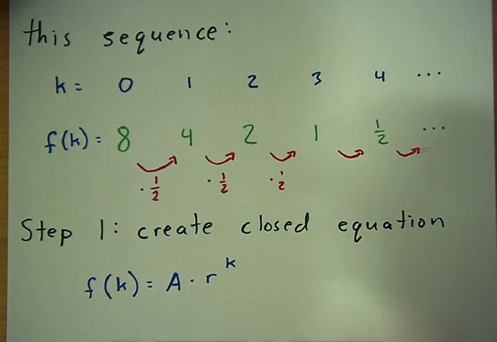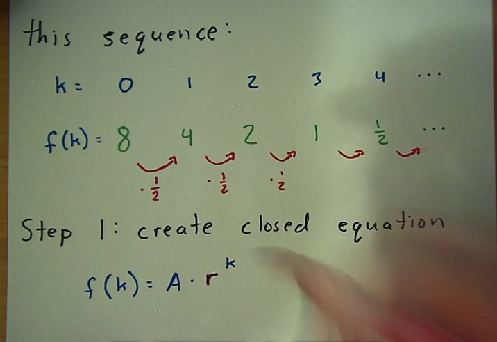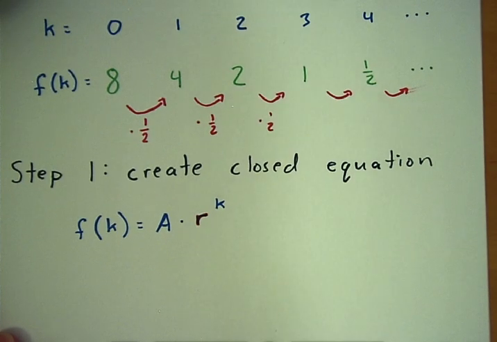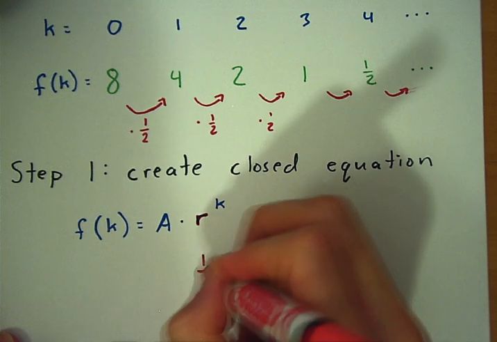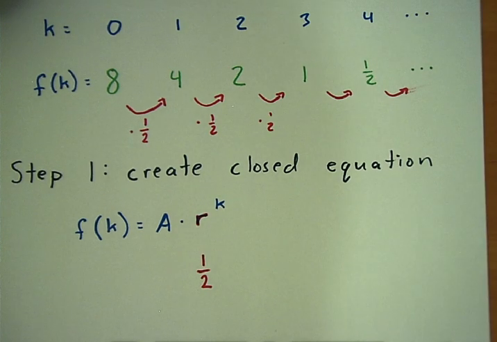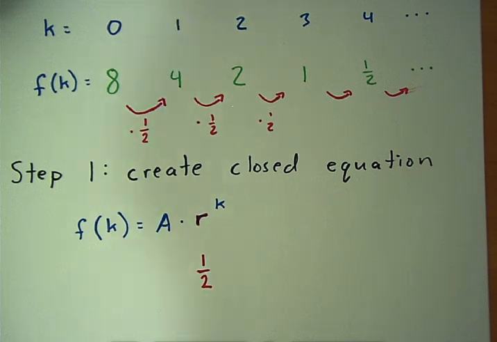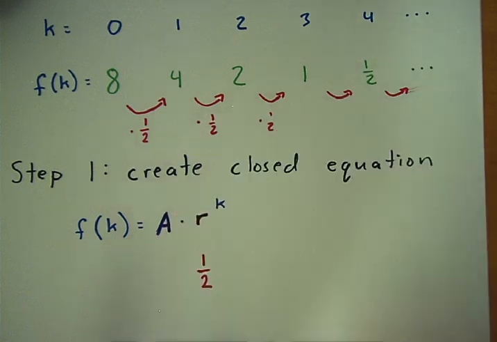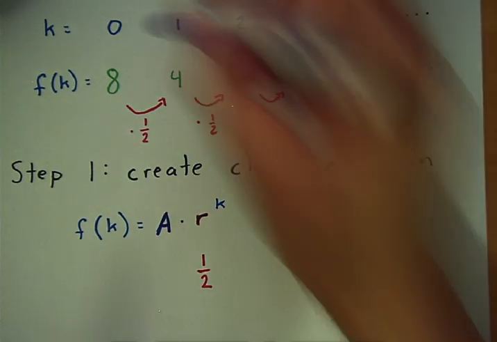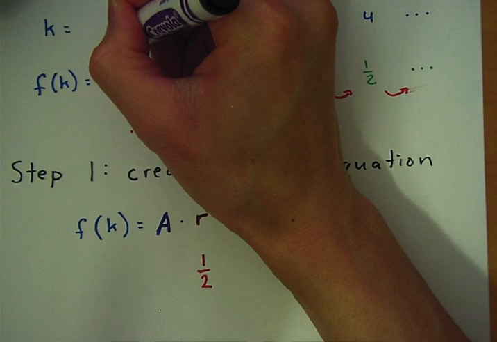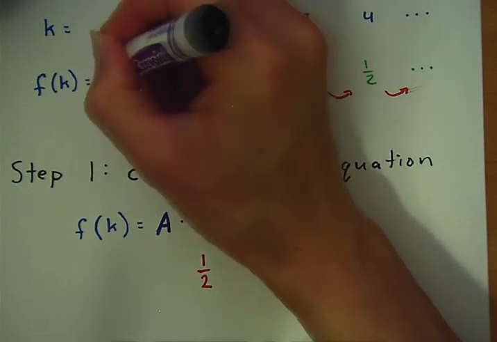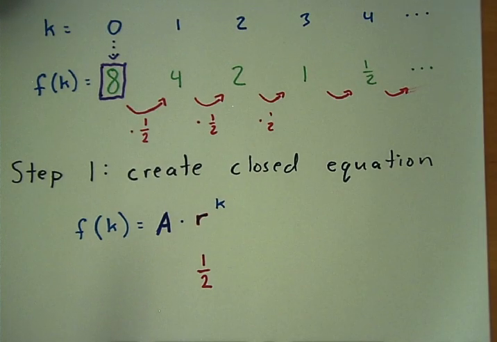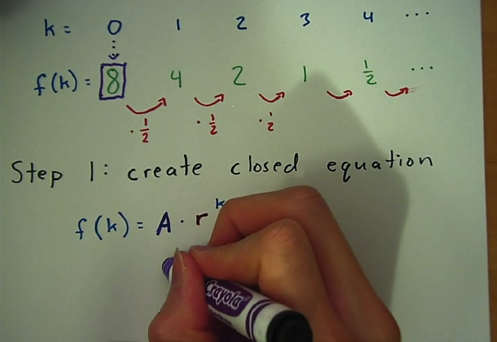Here, my r is that 1/2. And my value for a is just, when k is equal to 0, what is this number going to be? So for this particular sequence, that's an 8.